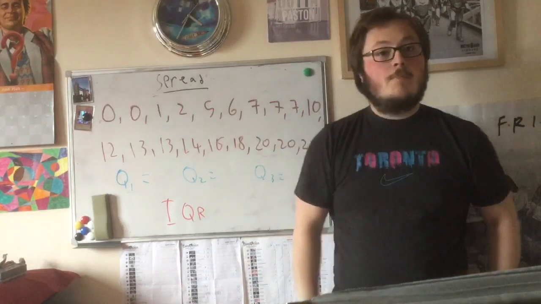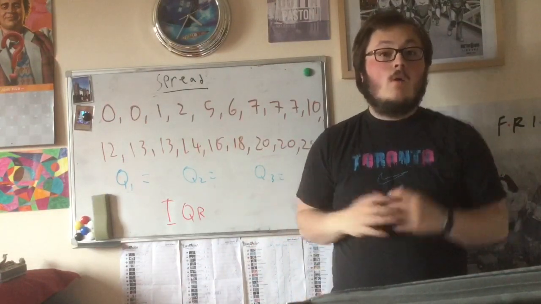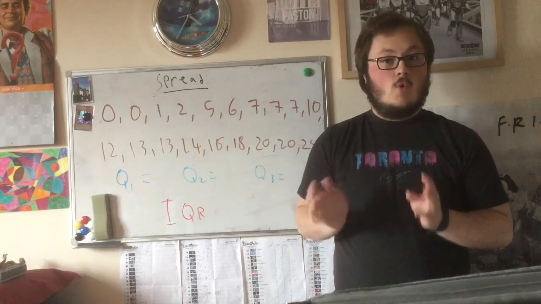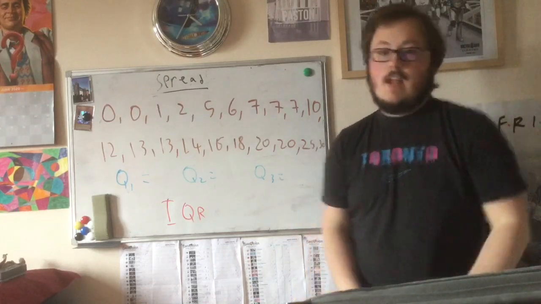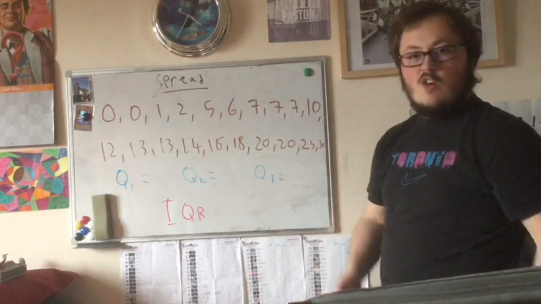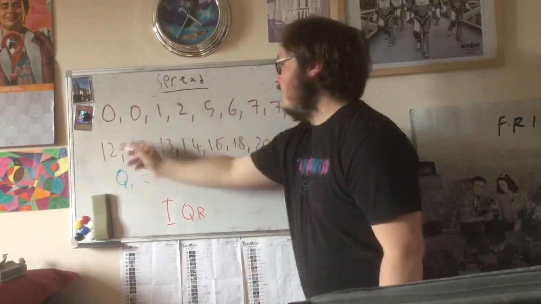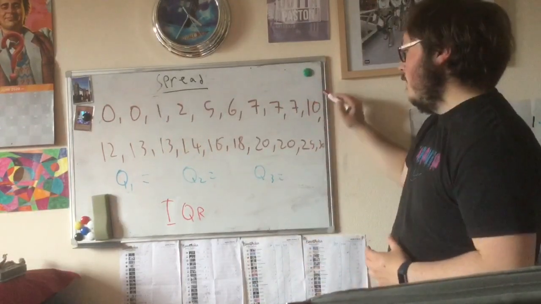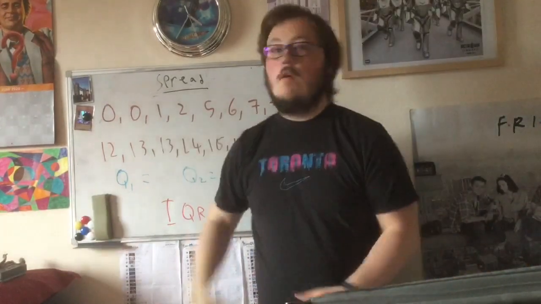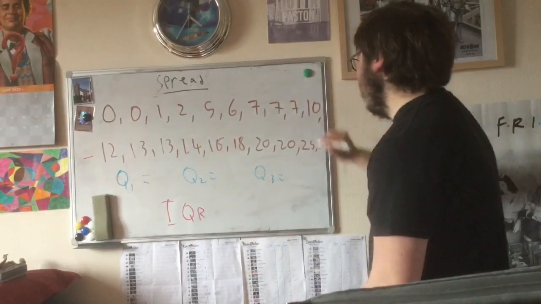Now this is a problem where we have an even number in total as well, so it might be a bit more difficult to find the quartiles, but not impossible. So let's do it. Let's first find Q2, our median, so we know the halfway point. When you cross out these, you will eventually cross out our 10 and our 12, so we know that our median will be somewhere between 12 here and 10 here.